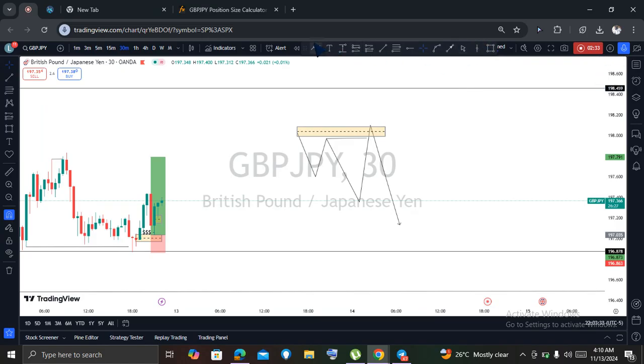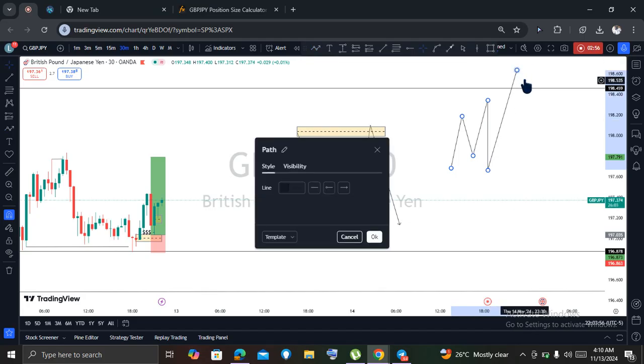Same thing applies when the market is trending to the upside, right? Market will do something like this, then continue, then come and take this low, this higher low right here, and continue pumping to the upside, right?